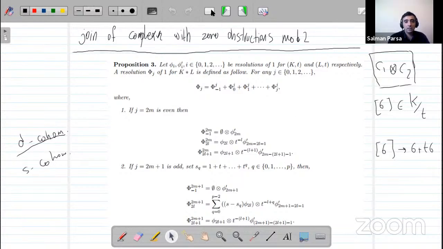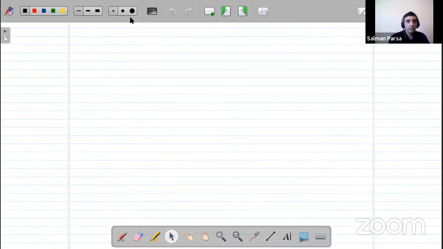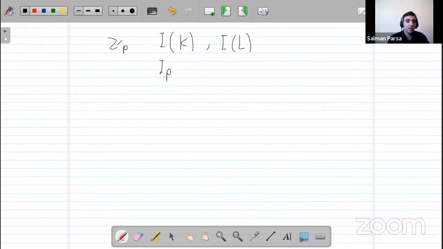And I can say now that, okay, I should say like this. So this is the Smith index of K and the Smith index of L. And I also show with this I sub P. So let's now consider the general ZP action.